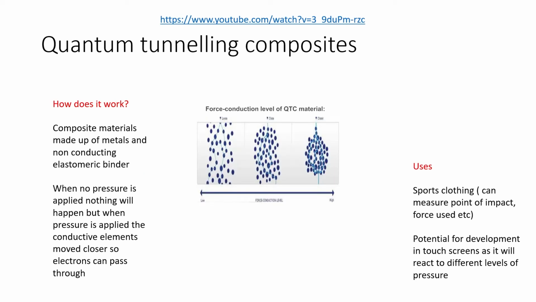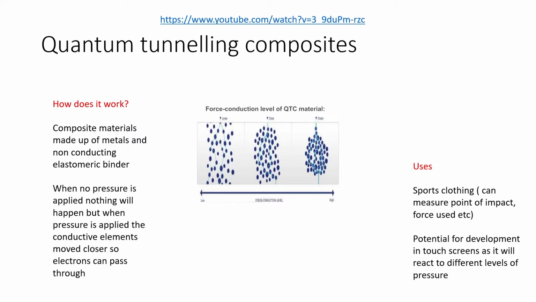Quantum tunneling composite. Now, because of programs like the Big Bang Theory, every time anyone says the word quantum, they think, oh, it's massively complex. In this case, that really isn't the case. Quantum tunneling composite essentially a lot of the time looks like a rubber matting. Inside that rubber matting, you've got loads of things in the middle.